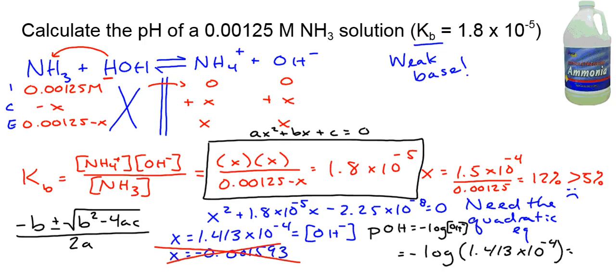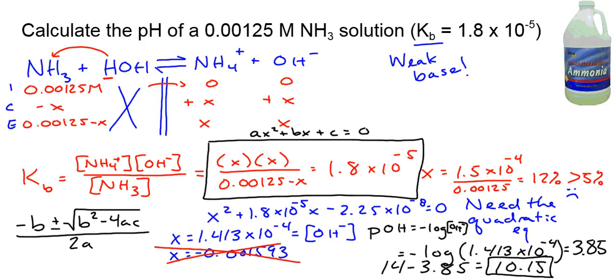If I take the negative log of my OH concentration, I get 3.85, roughly. I finish that off by taking 14 and subtracting 3.85, and I get 10.15 for my pH.